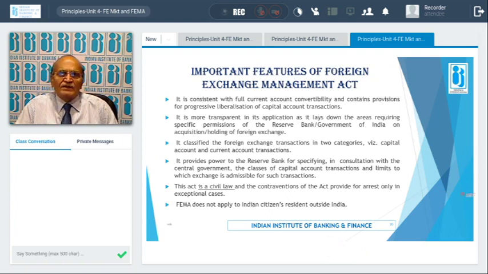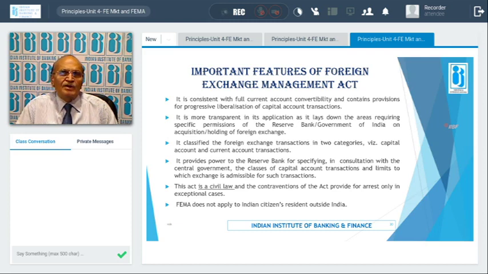What are the important features of the Foreign Exchange Management Act is also required for all of us to study. Number one, it is consistent with full current account convertibility and contains provisions for progressive liberalization of capital account transactions.